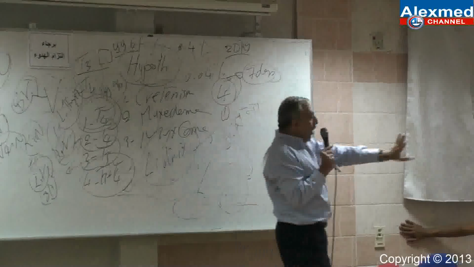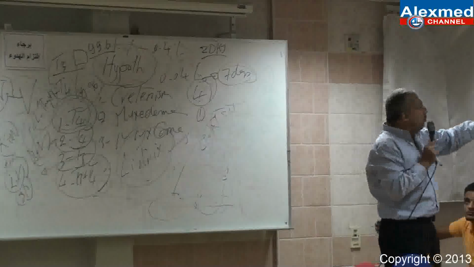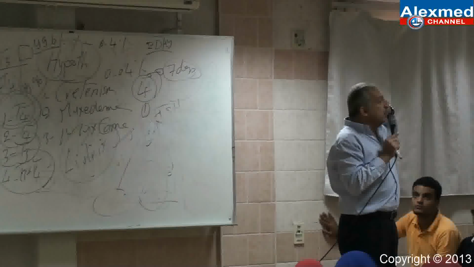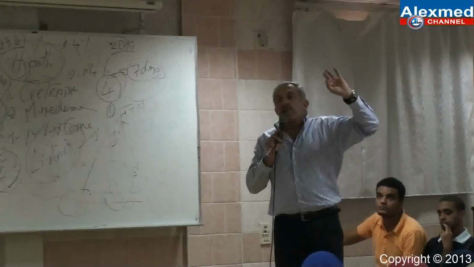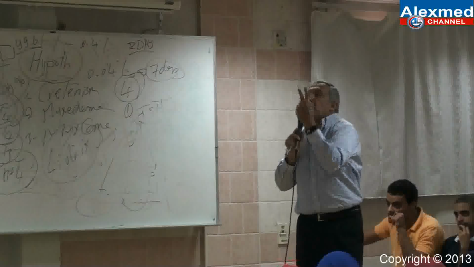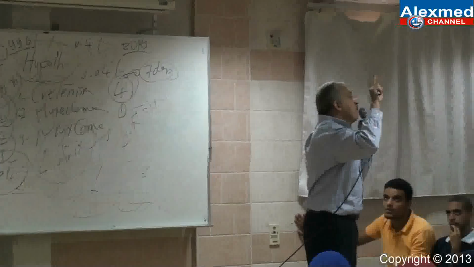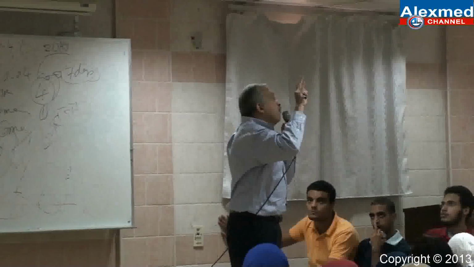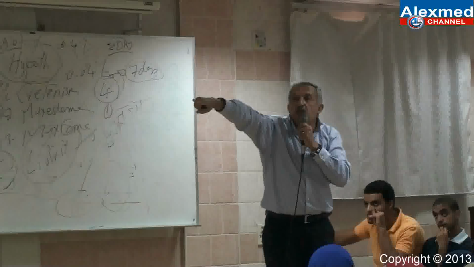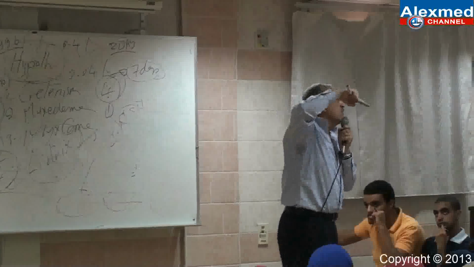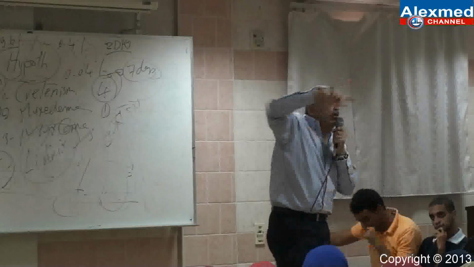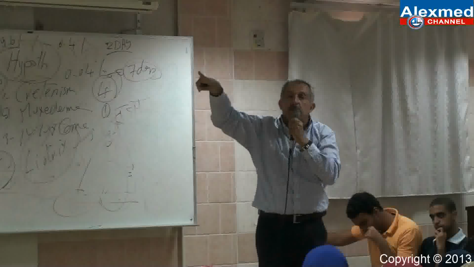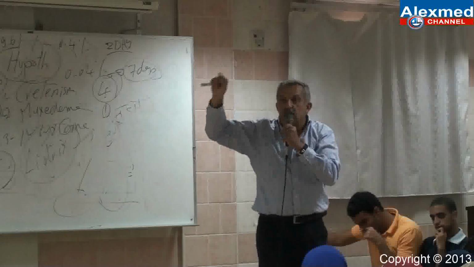Is he taking T3 and T4, or T4 only? He is taking medication for hypothyroidism. You must depend on both the level of hormone and the clinical condition of the patient. Don't forget either one of them. The patient is very important.